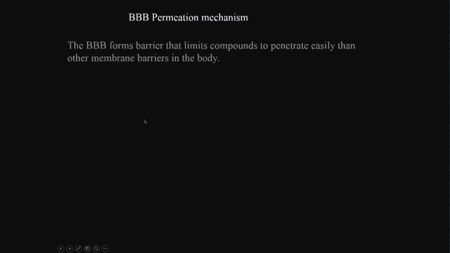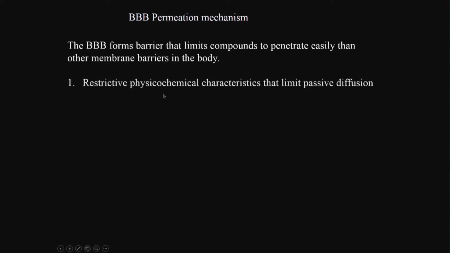So what is the mechanism? It forms a barrier that limits compounds from penetrating easily. This barrier is very tight, because many membrane barriers may have holes, they are loosely joined, so compounds can pass through these loose joints, whereas the blood brain barrier is very tight, so there are no gaps.